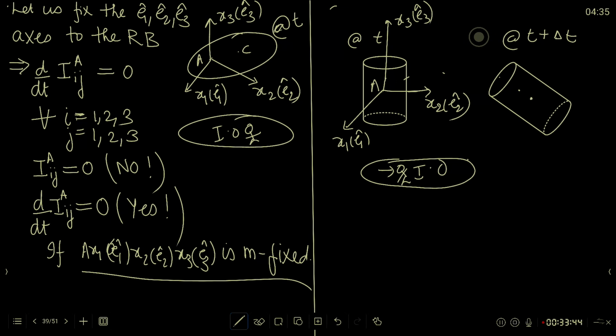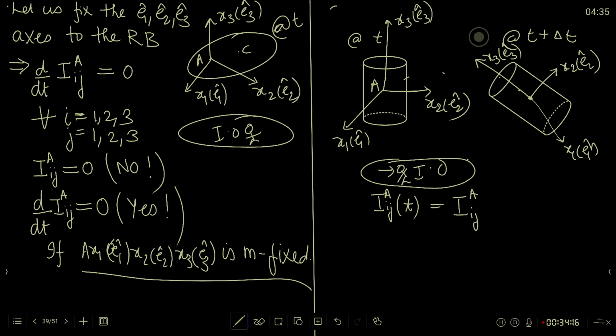But if you allowed the body to take its coordinate system also with itself, something like this, the i_i·i_j at time t will remain the same as i_i·i_j at time t plus delta t, if this condition is fulfilled. I hope it is making sense to you what I am saying.